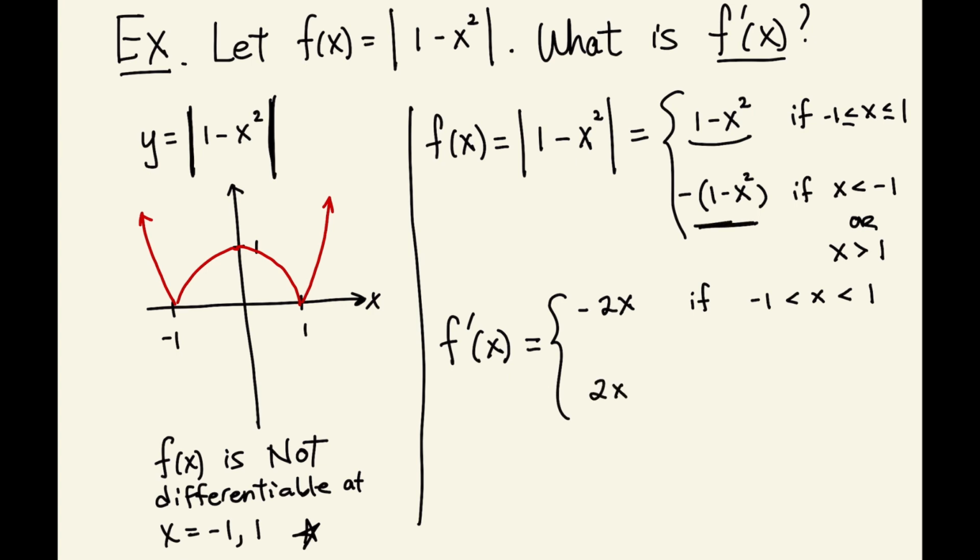So I'm just using the basic rules like the power rule and the constant rule, and that is true if x is less than -1 or if x is greater than 1. And again, I don't include -1 or 1 in either of these because f prime is not defined there because of the sharp point.